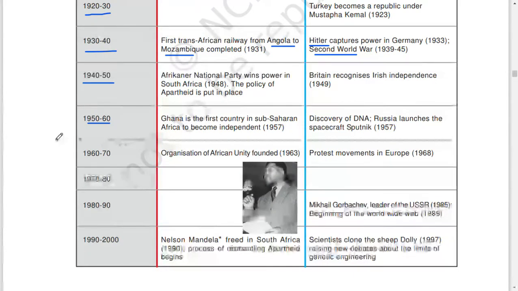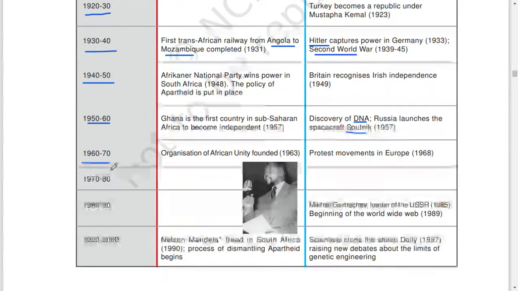Discovery of DNA. Russia launches the spacecraft Sputnik, 1957. 1960 to 70, Organization of African Unity founded, 1963. Protest movements in Europe, 1968.